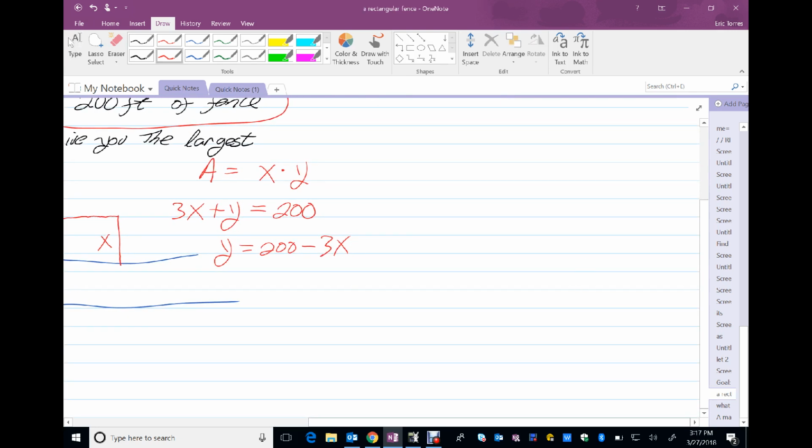So now I have area equals x times y. I'm going to use the distributive property here to simplify this.